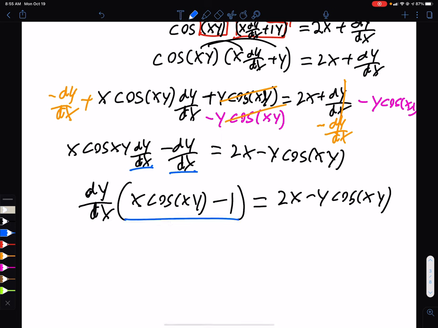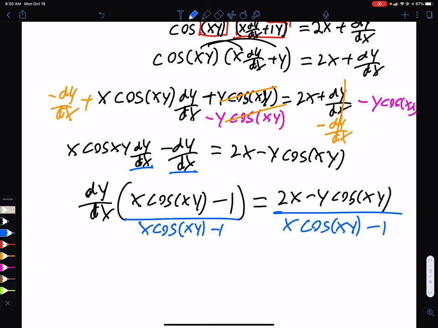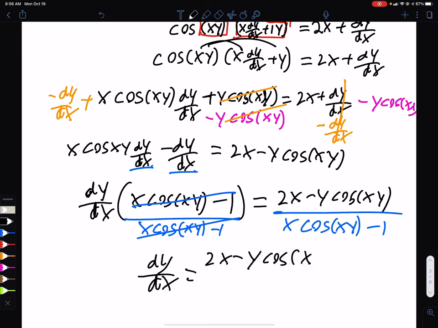I will divide both sides by x cos xy minus 1. Those will cancel, and I have my final answer. dy dx equals 2x minus y cos xy over x cos xy minus 1.